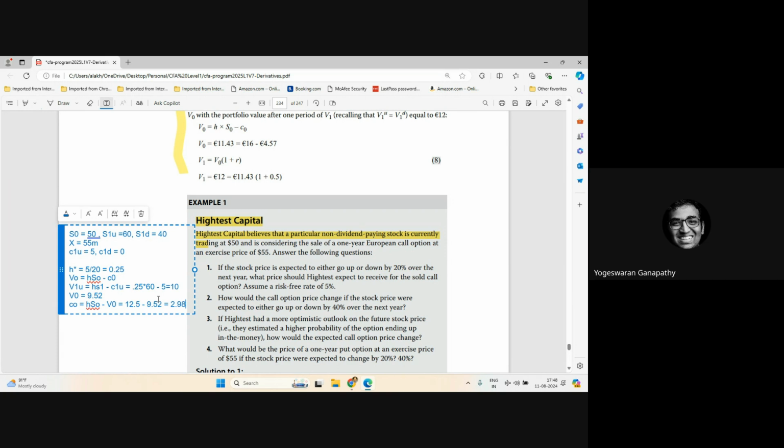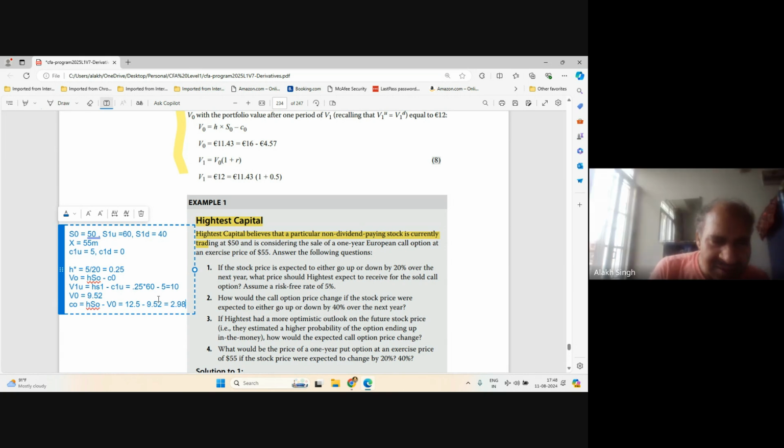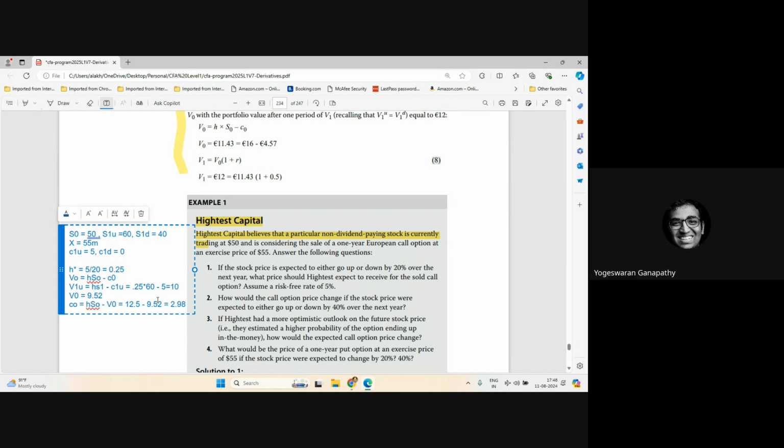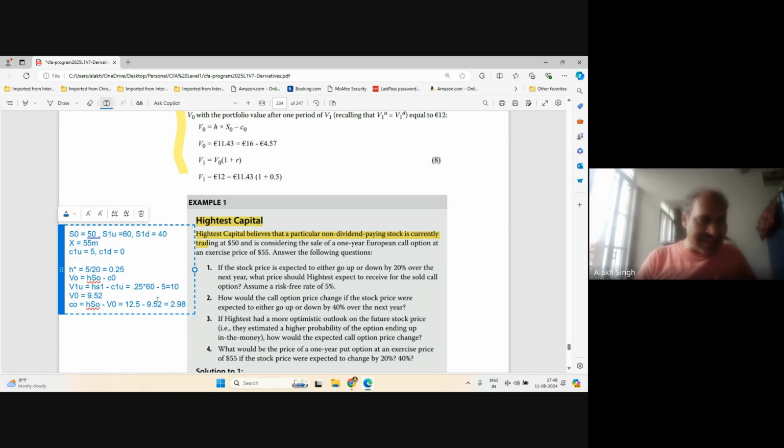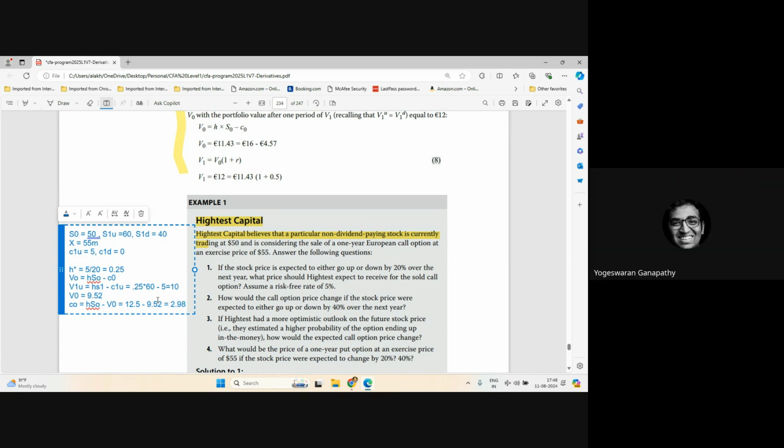So we calculated. Not difficult, you just have to remember the formula. You just have to calculate H, and then you can easily rearrange. The one formula you need to remember is V0 is equal to H S0 minus C0.